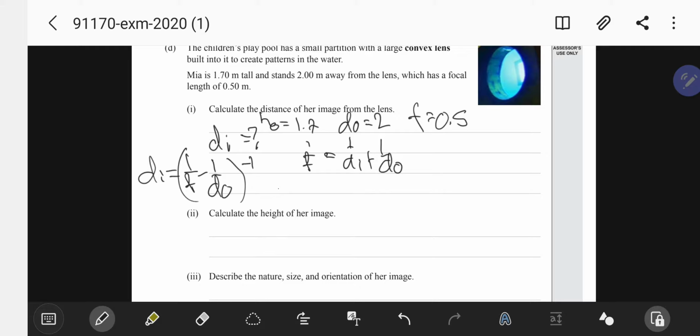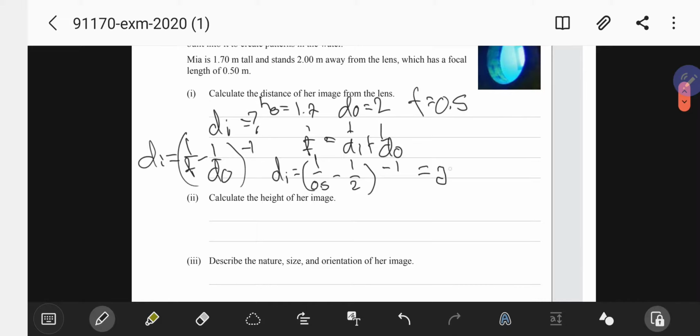Okay, I'm just going to do that. di equals 1 over 0.5 minus 1 over 2, and this equals 0.6667.